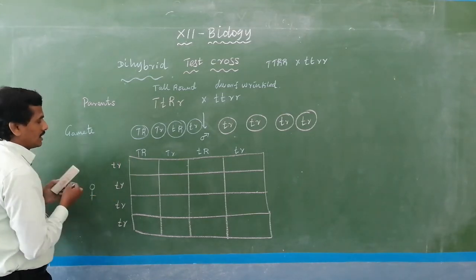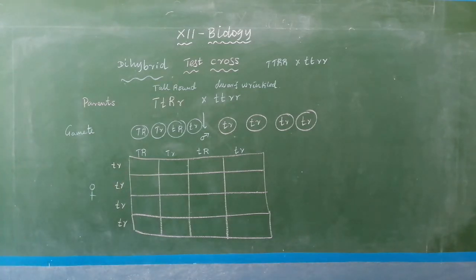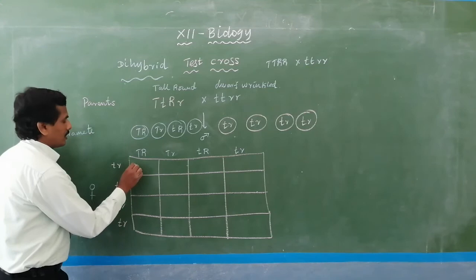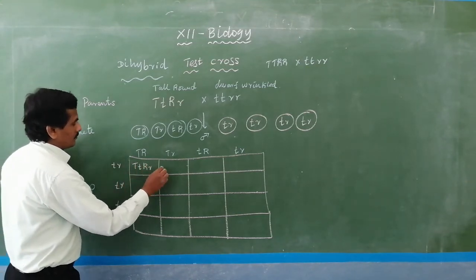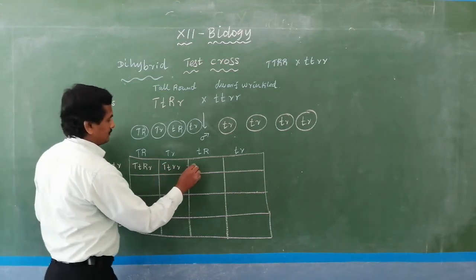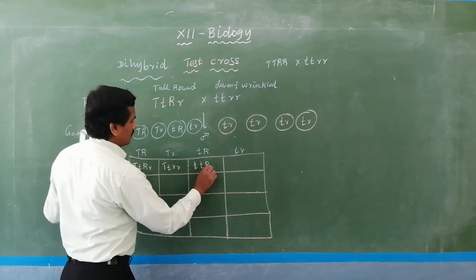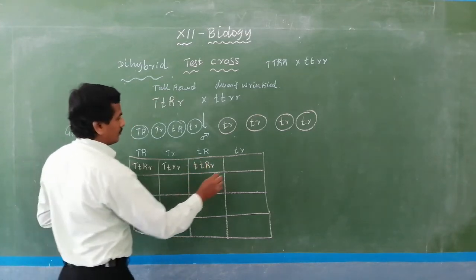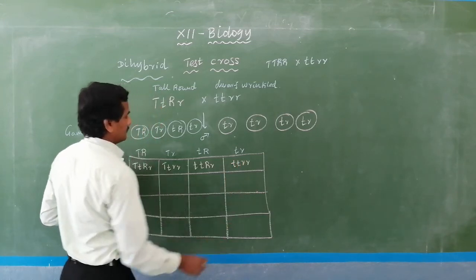What characters are produced? Capital T small t, capital R small r. Capital T small t, small r small r. Small t, capital R small r. Then small t, small r small r.